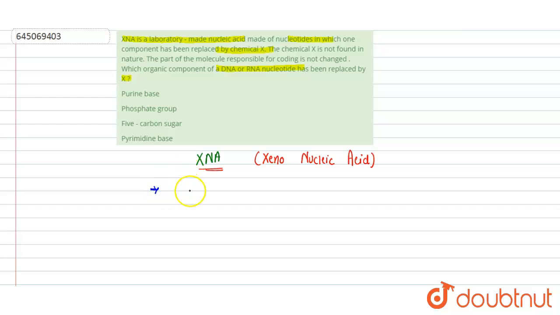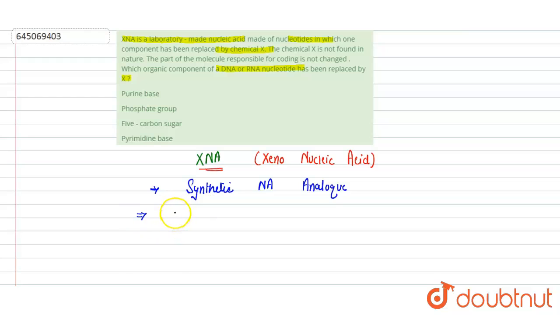These XNAs are synthetic nucleic acid analogs. Synthetic nucleic acid analog means these are structurally and functionally similar to nucleic acid, but there is a small structural change.